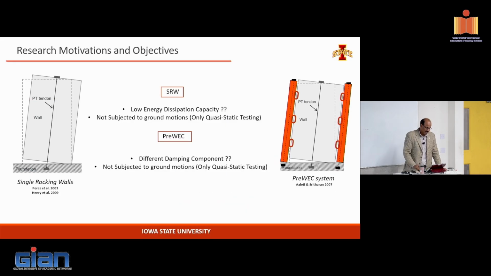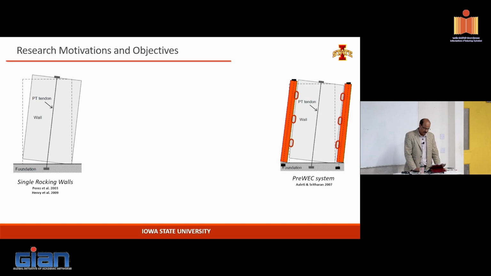Okay, so you will see this terminology SRW, which means single rocking wall. There's nothing in it. Each is a single individual rocking wall. This is PreWEC, which is this. So everything else in between we eliminated because they're not something that we are focusing on.